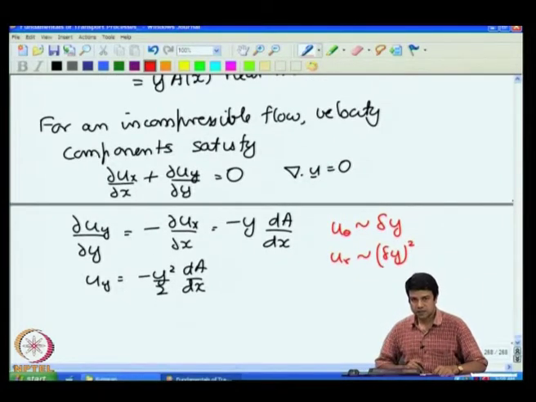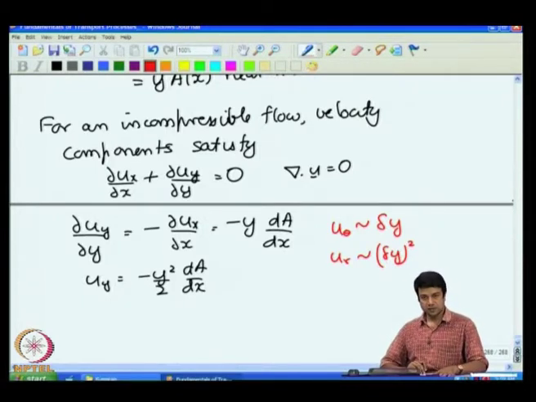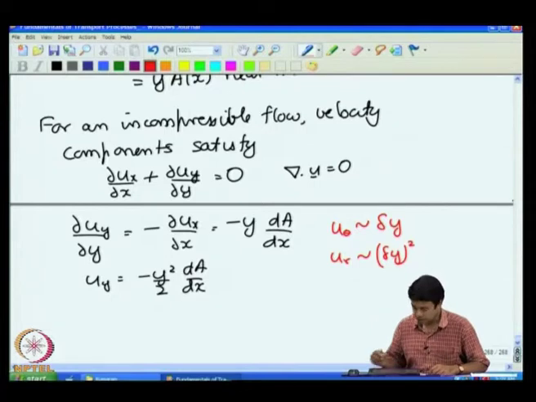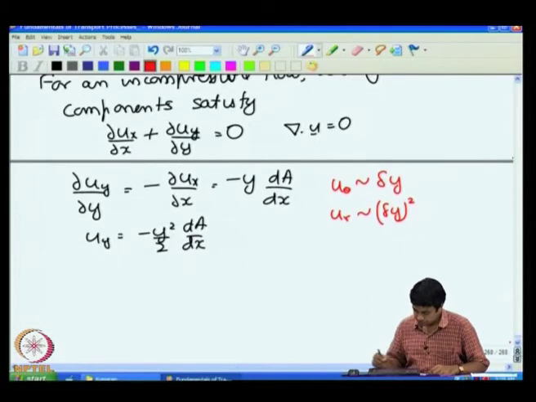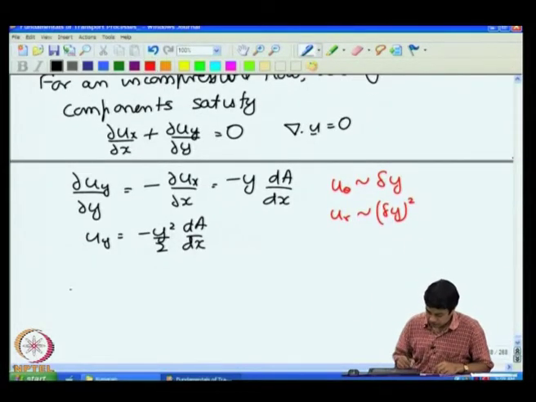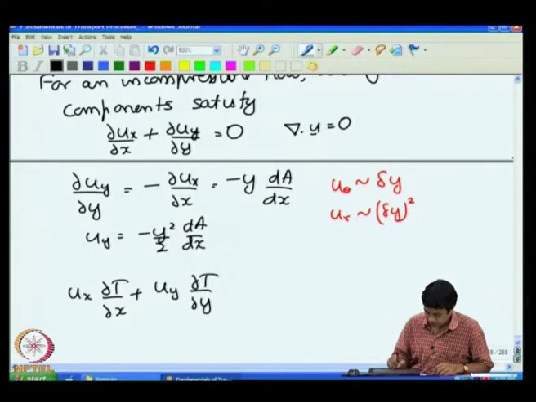The reason for that is this incompressibility condition. Uy goes as y square and ux goes as y from the surface, because ux has to be 0, no slip condition at the surface. Substitute that into the differential equation, ux dT by dx plus uy dT by dy.